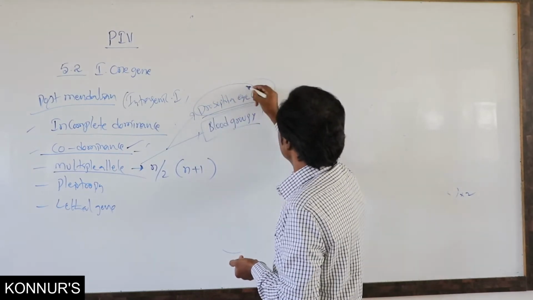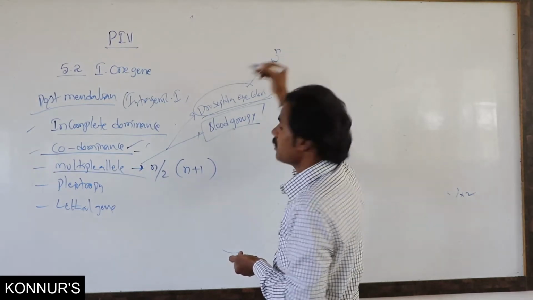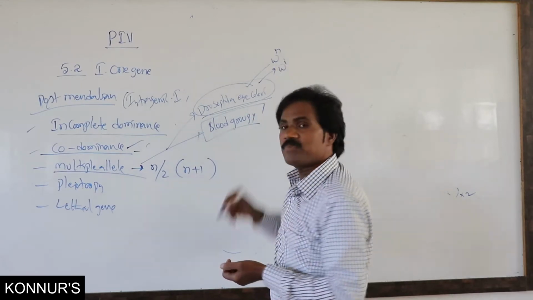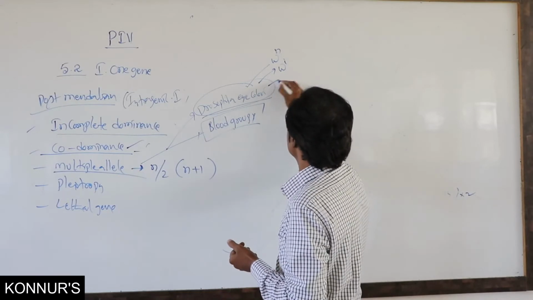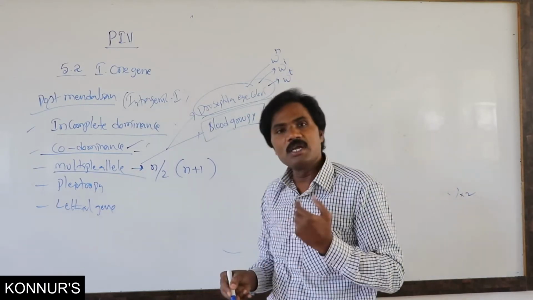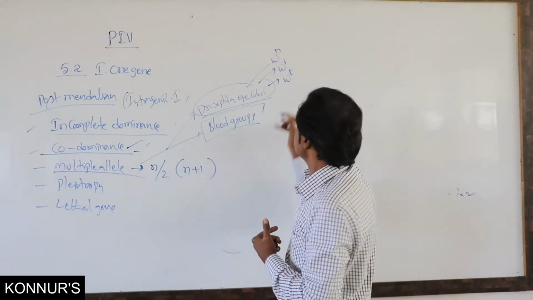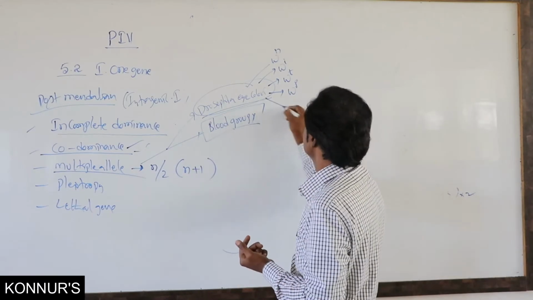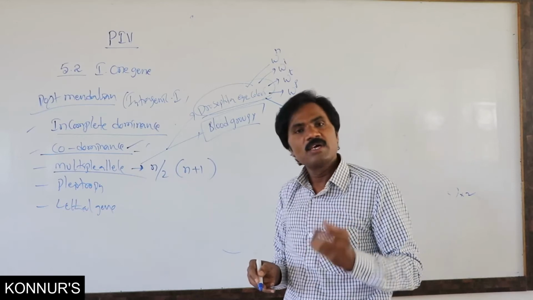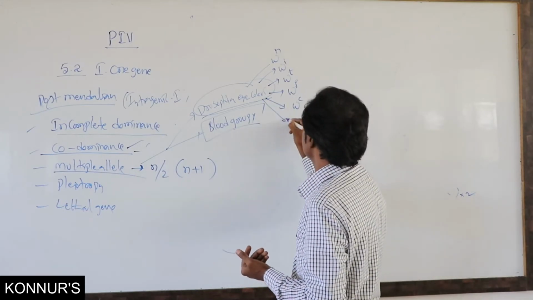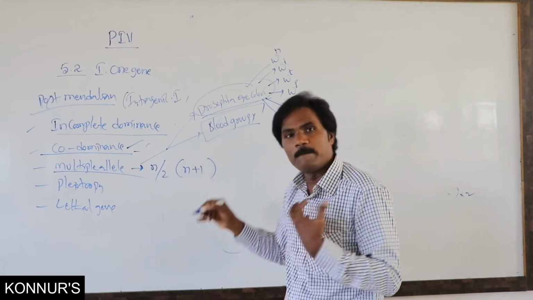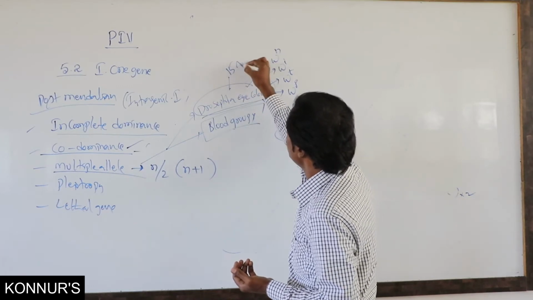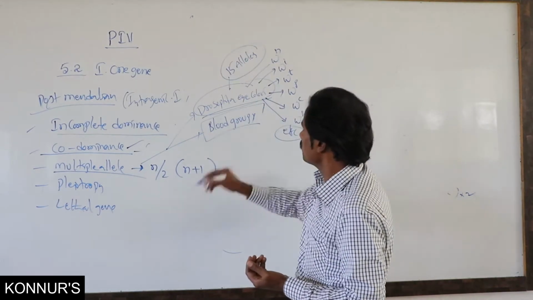For example, W, then H for honey, I for ivory, T for tinged, then P for pearl, C for cherry color, like that. In Drosophila, 15 alleles are present.